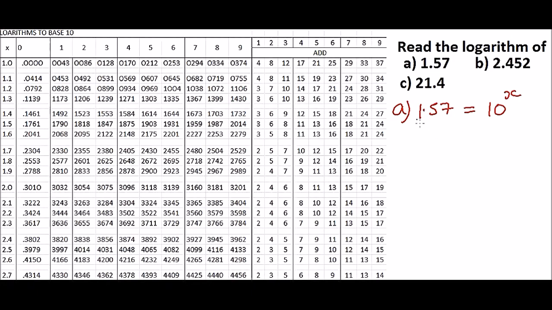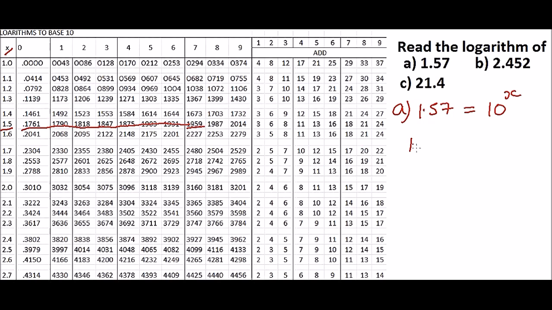From the logarithm table, we go to the first column, that is the x column. We go down up to where we have 1.5, then move horizontally up to the number that corresponds with 7, which is 0.1959.